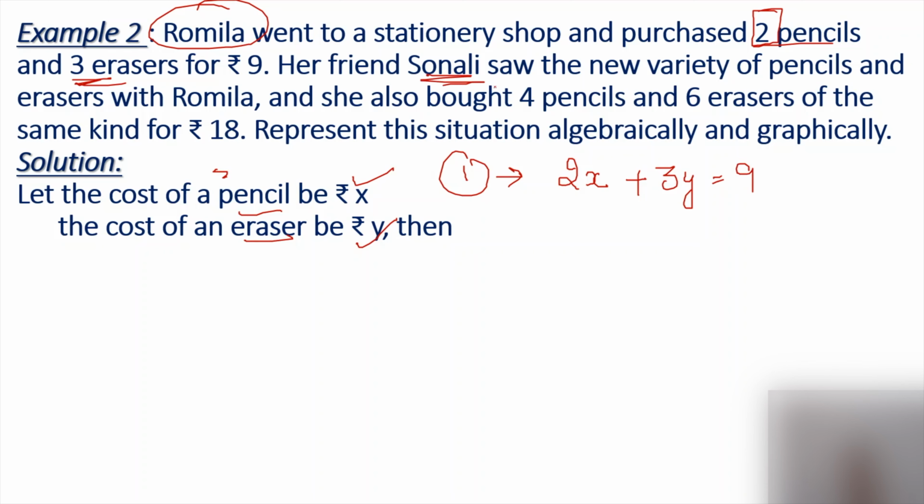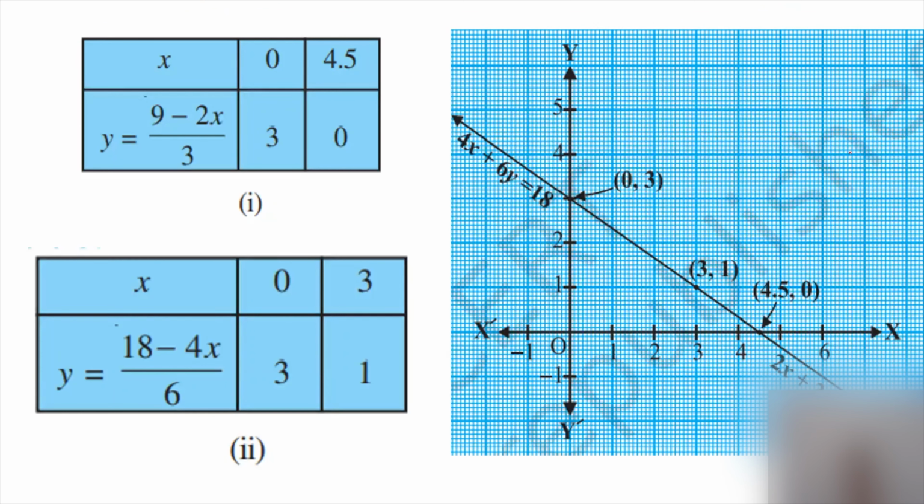Similarly, Sonali purchased 4 pencils, 6 erasers, means 4x plus 6y is equal to, and she paid ₹18. Let's see how we can represent these equations. This is the representation of these algebraically, and now we can see graphically.